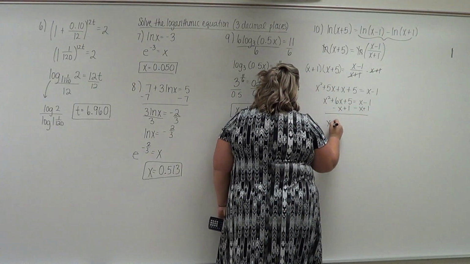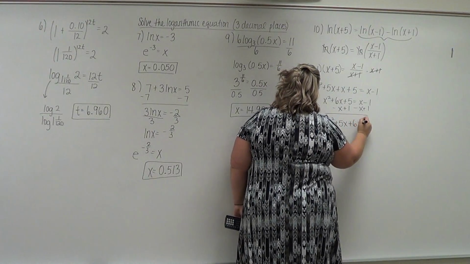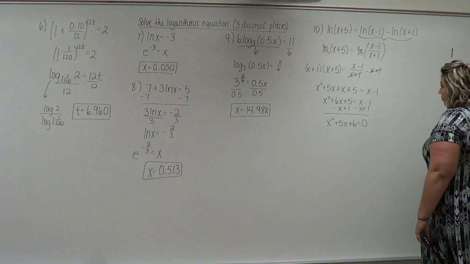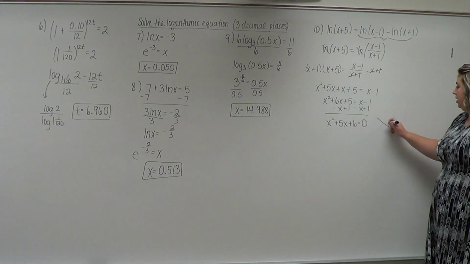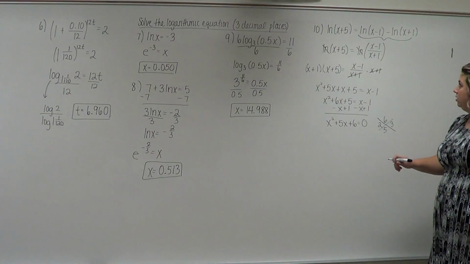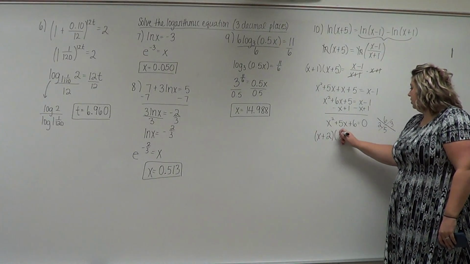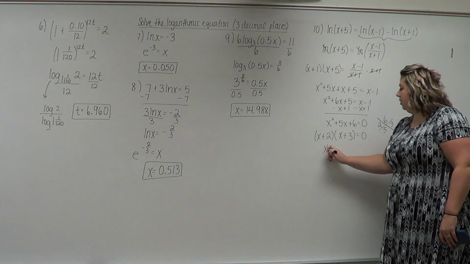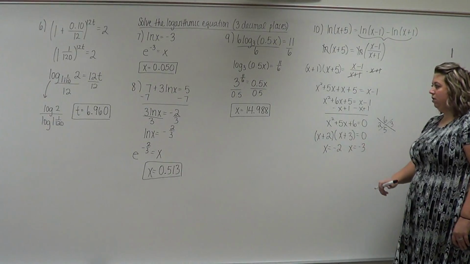So then I have x squared plus 5x plus 6 equals 0. Then this would factor. Multiply to get 6, add to get 5, would be 2 and 3. So this would be x plus 2, x plus 3. And when I set equal to 0 and solve, I would get negative 2, and I would get negative 3.